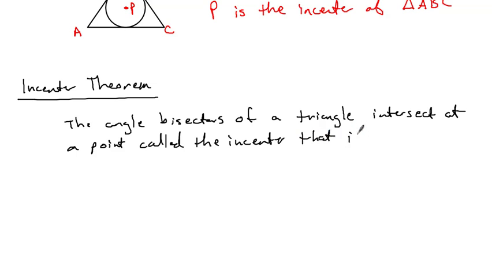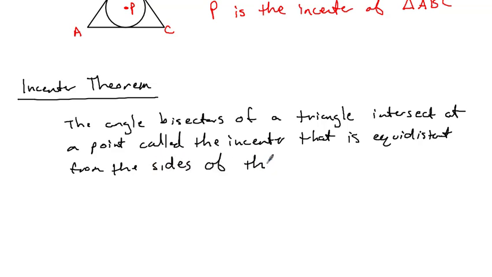That is equidistant from the sides of the triangle. So we'll start out with our triangle. We have triangle A, B, C.